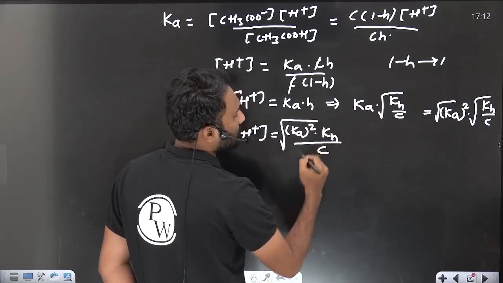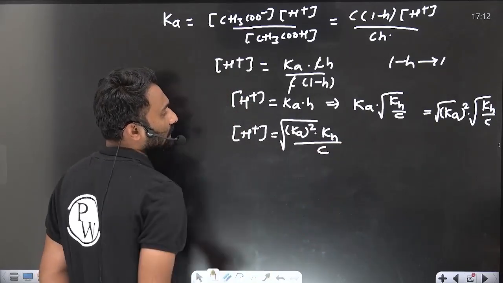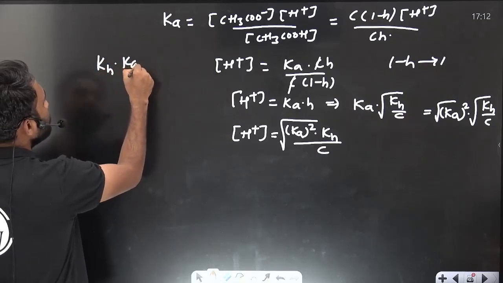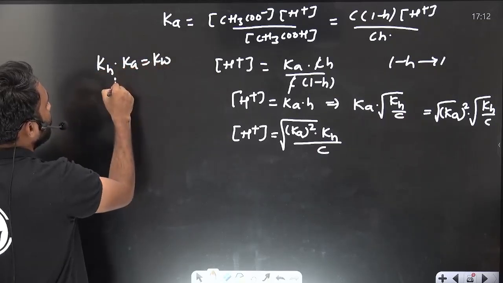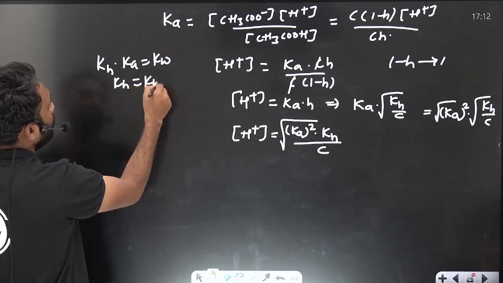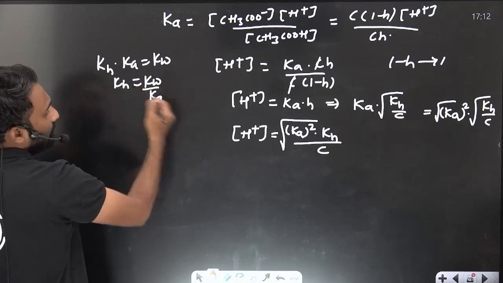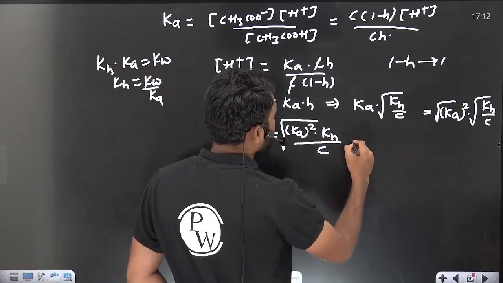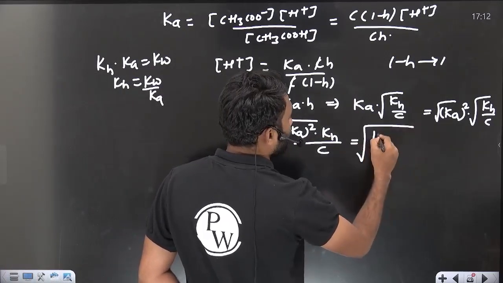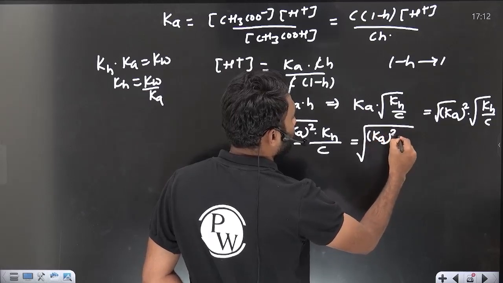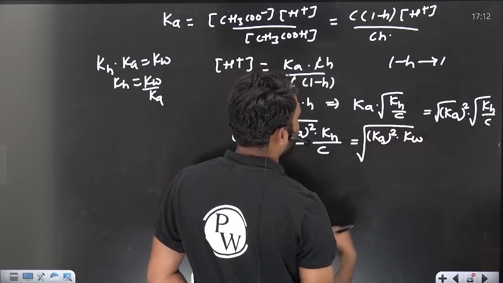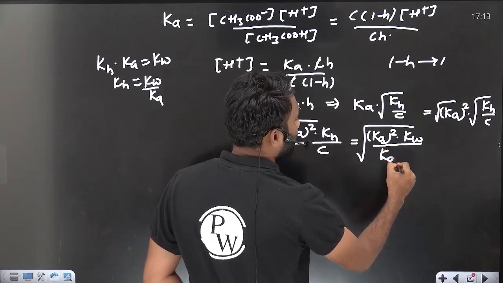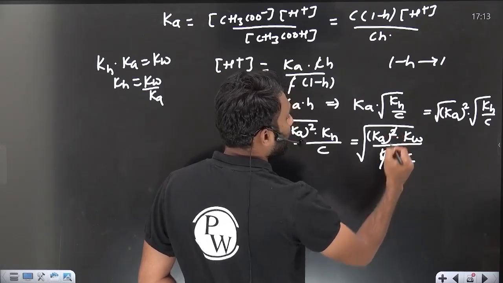Now KH into Ka is equal to Kw. Now KH is equal to Kw by Ka. In the place of KH, I am substituting Kw by Ka. Now Ka whole square into Kw by Ka into C. Here one Ka will get cancelled.